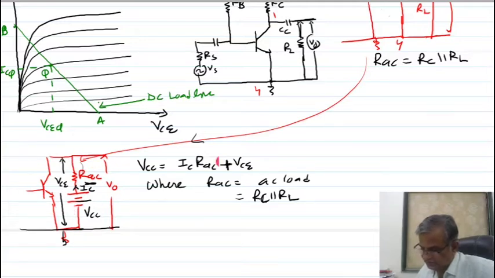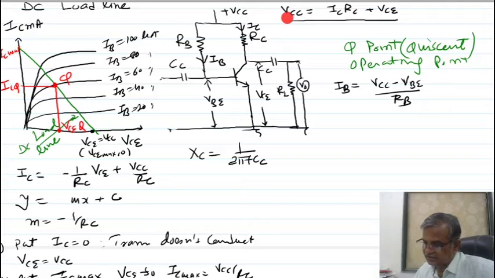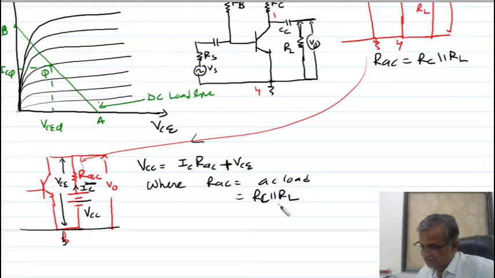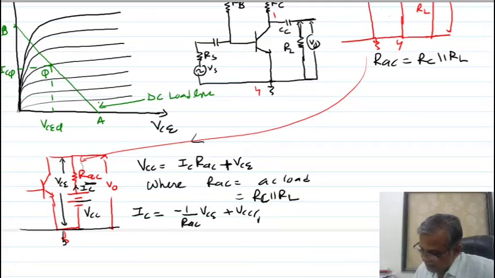In the previous one, I wrote the equation of output voltage as VCC = ICRC + VC. Here this is your DC load only, this is only RC, and in AC load it is RC parallel RL, so it decreases. The equation is IC = minus 1 upon RAC into VC plus VCC by RAC. This is your equation of the AC load line.